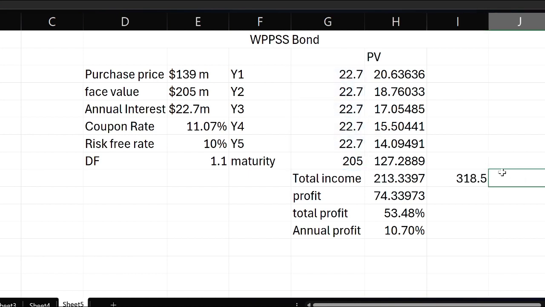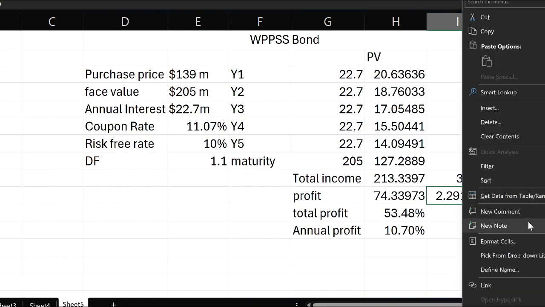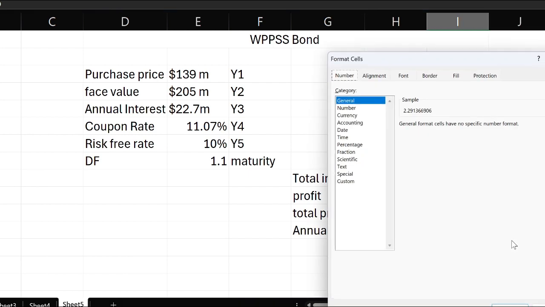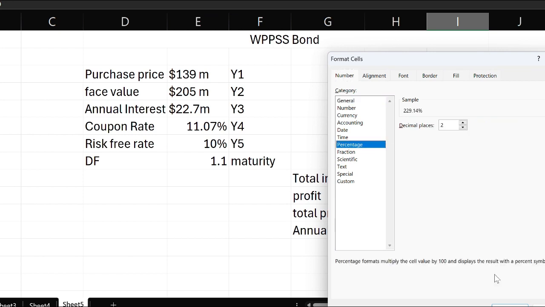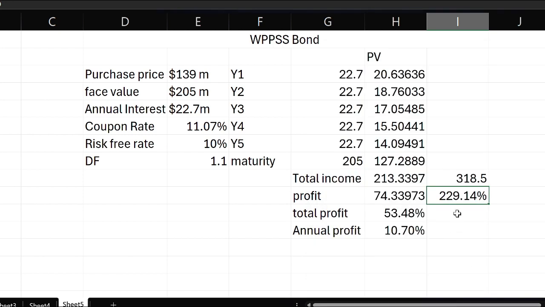So if we add the absolute numbers, 318.5 million, and then if you calculate the profitability, it will be divided by 139, which he has invested. So if I change the format to percentages, then it is 229.14 percentage.